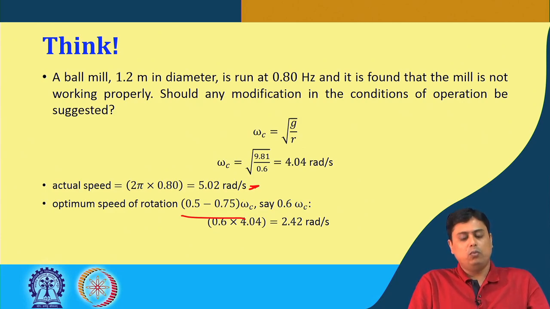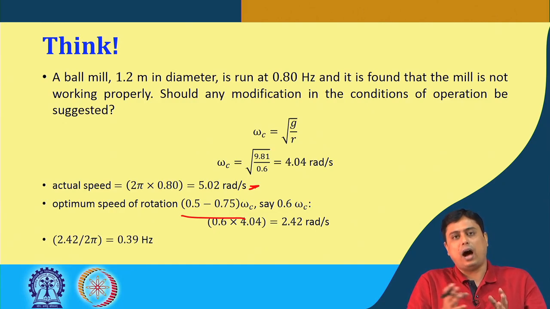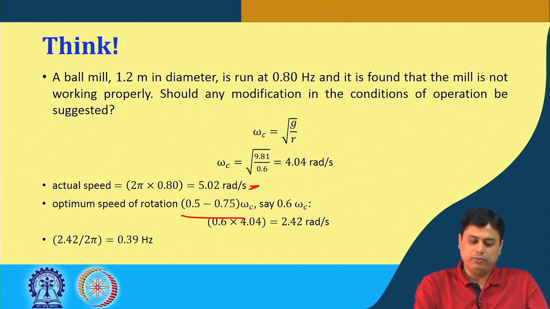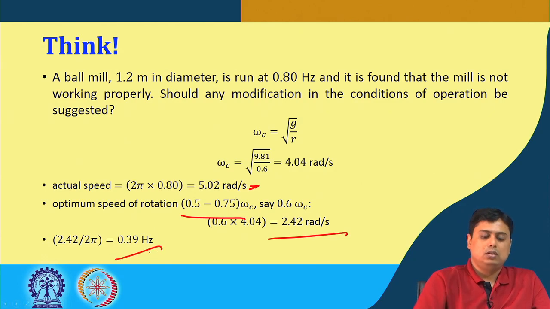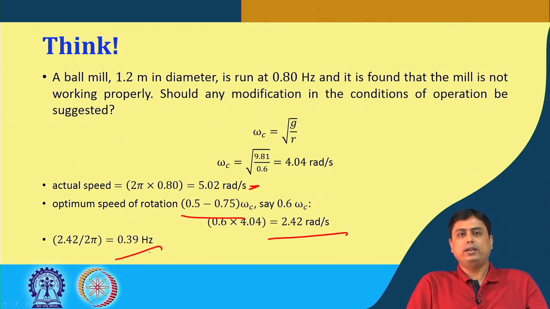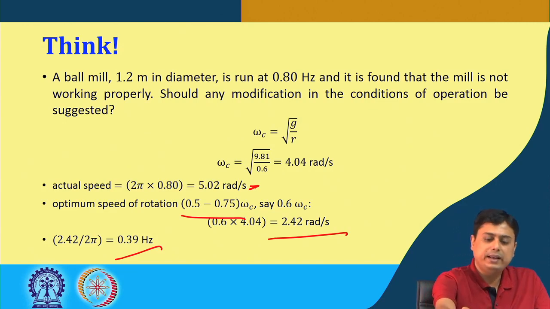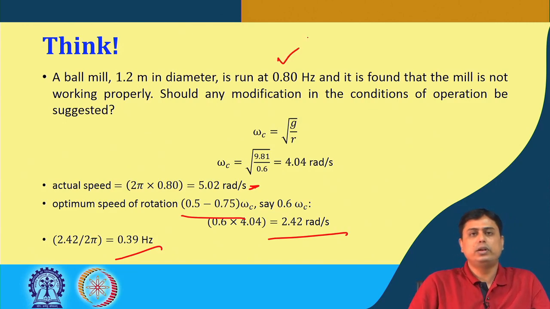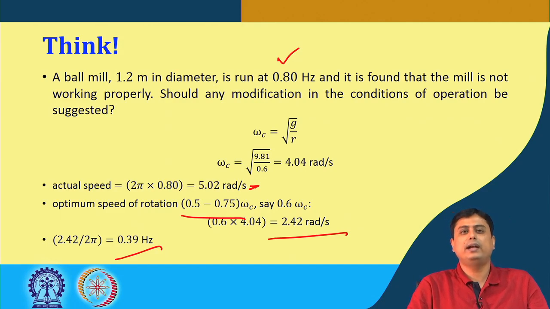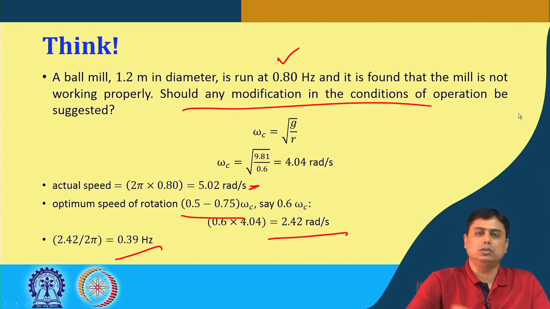So, basically we have to make it half of the actual speed in order to have an optimum operation of this ball mill. And if we convert this to frequency, we get 0.39 hertz, and it is currently running at 0.8 hertz. So, nearly it is operating currently at double the frequency. It should be half, and then it can operate smoothly.